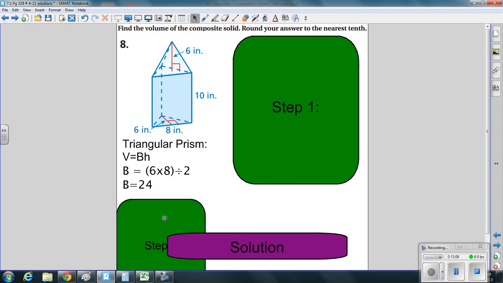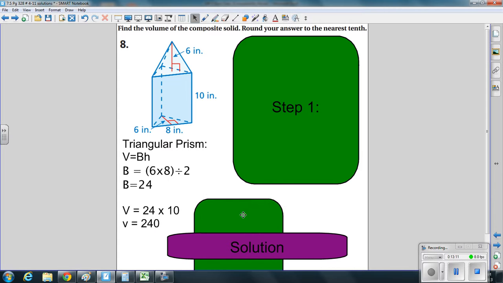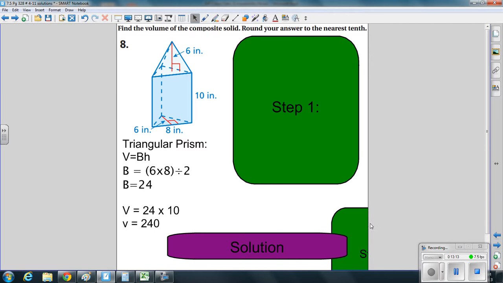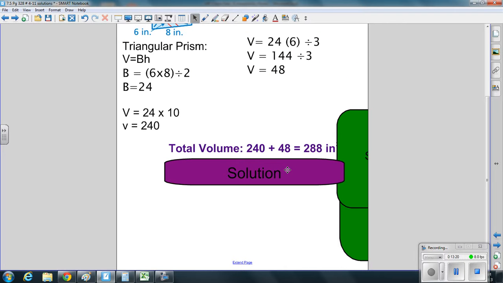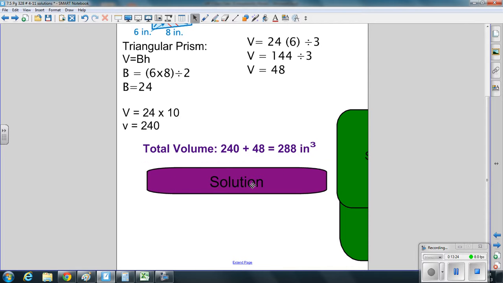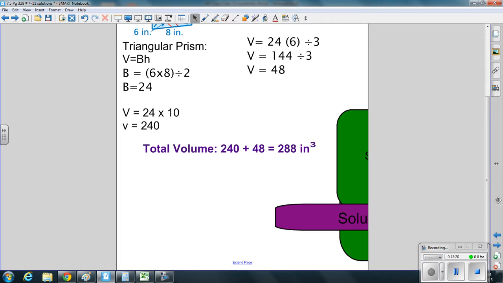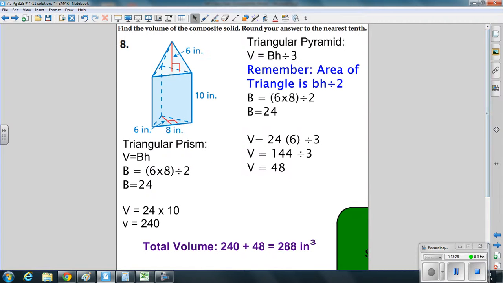So the height in our case is 10. 24 times 10 is 240. And the grand total for our volume is 240 plus 48, which gives us 288 inches cubed. Are there any questions?